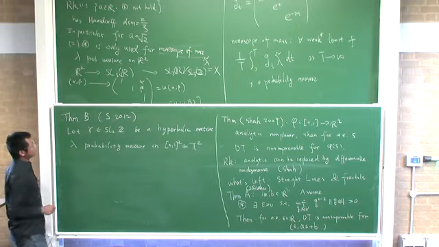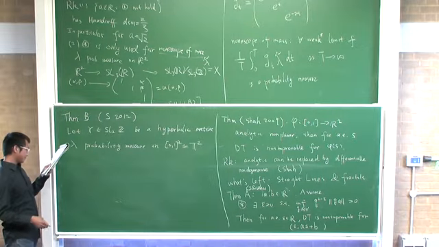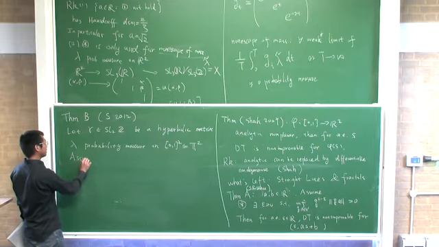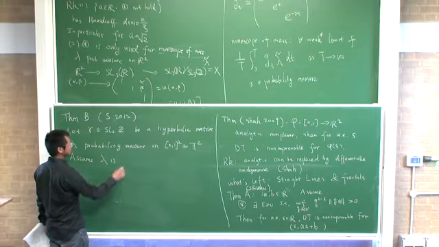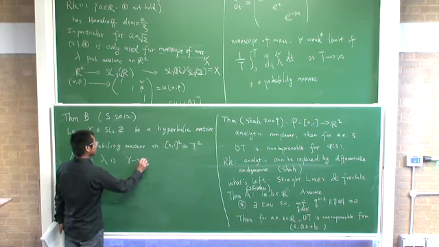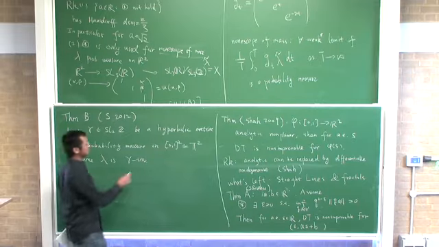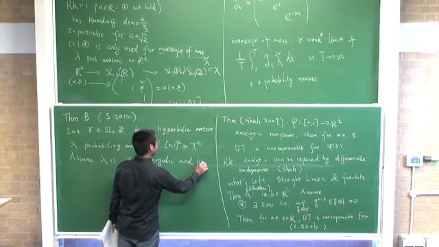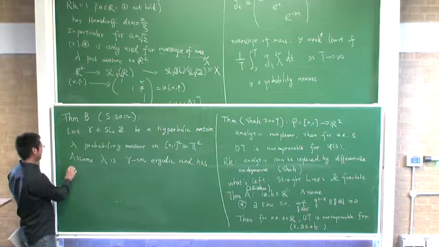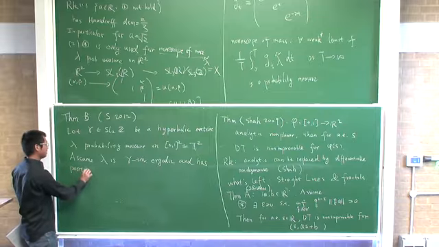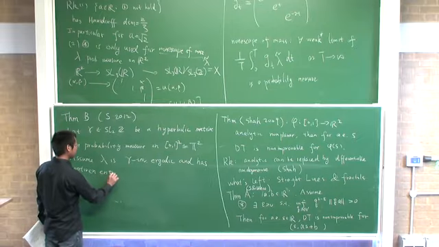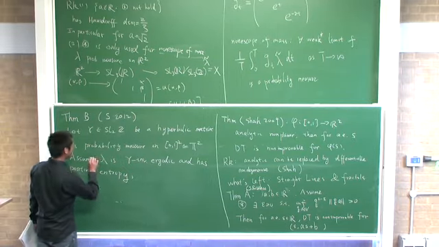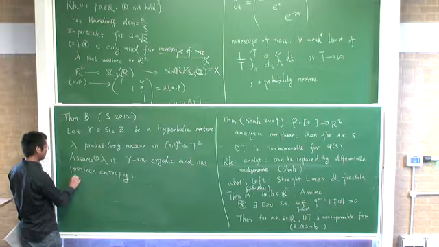Therefore, gamma acts on it. Assume lambda is gamma invariant and ergodic, and has positive entropy. That's one assumption. Two.